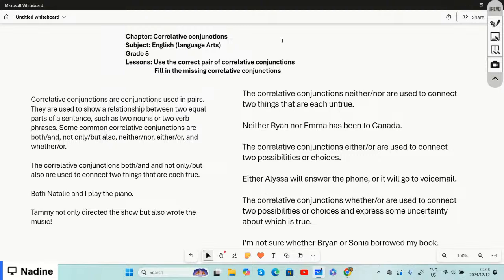And it shows the equal parts between two parts of the sentence, such as either two nouns or two verb phrases.